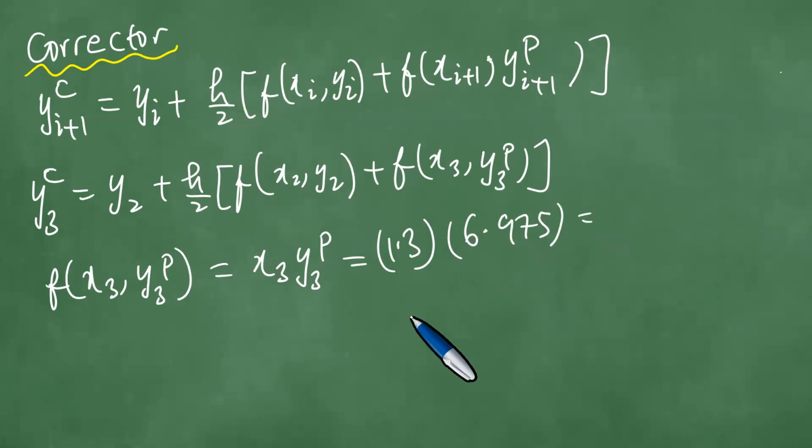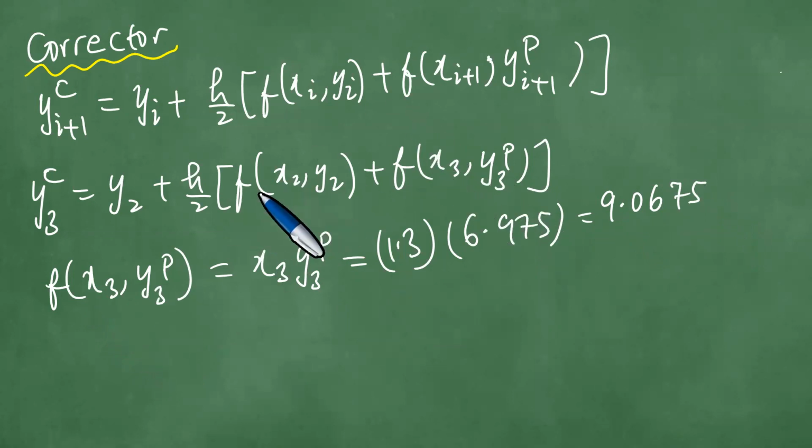Okay, you multiply these, 1.3 times 6.975. Okay, so this one is 9.0675. Right, so we got this one.